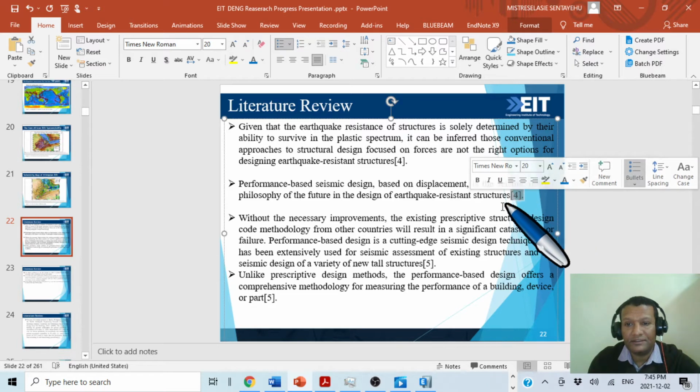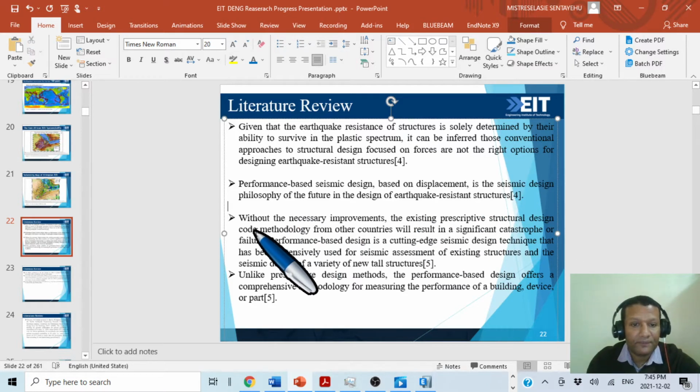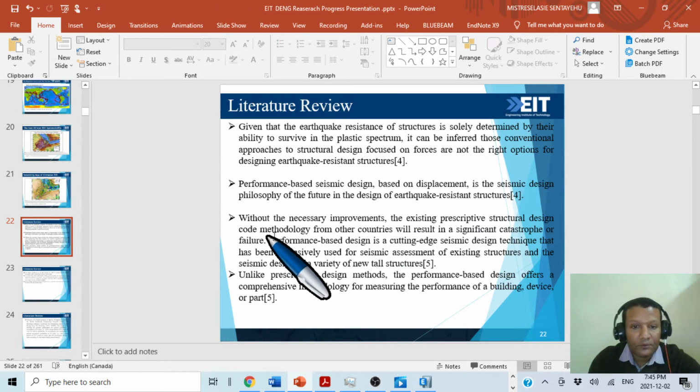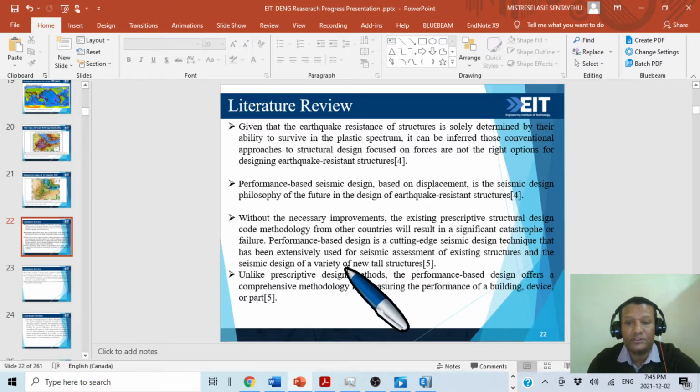This is what I am in favor of. Without the necessary improvement, the existing prescribed structural design code methodology from other countries will result in significant catastrophe or failure. Performance-based design is a cutting-edge seismic design technique that has been extensively used for seismic assessment of existing structures and the seismic design of various new tall buildings.